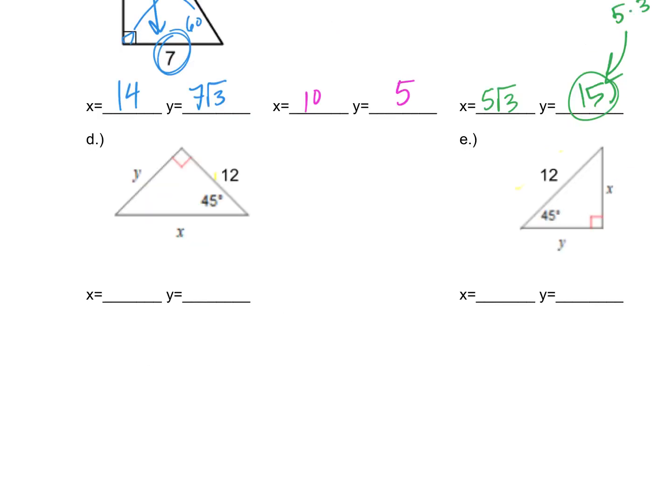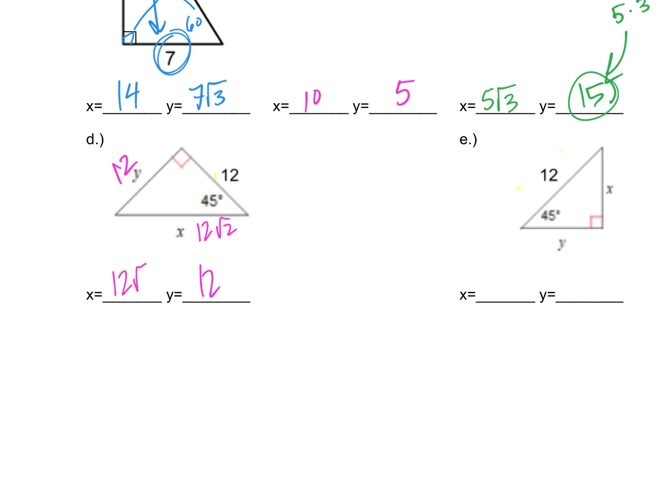All right, last two on this page are the 45, 45, 90 triangles. And so I am given that the side across from 45 is 12, which means the other side is 12 because it's an isosceles right triangle. So that's y, and then this guy is that radical 2.